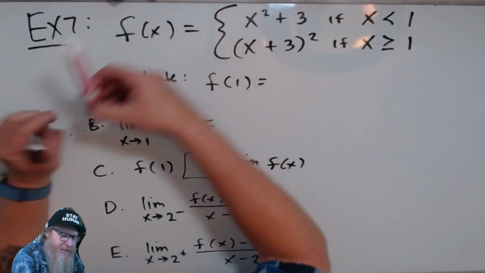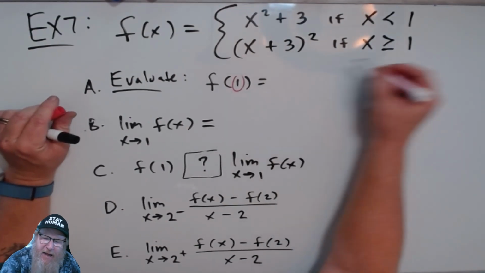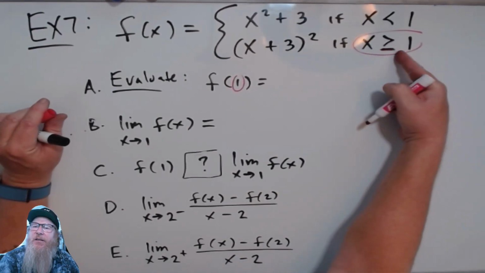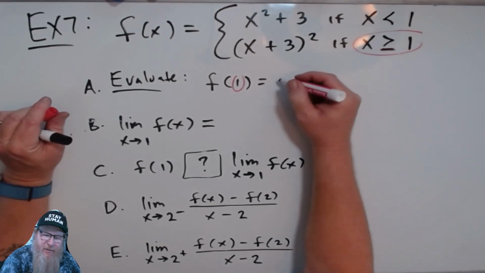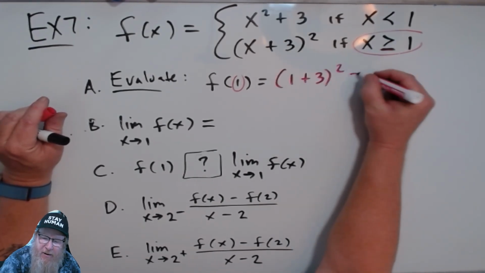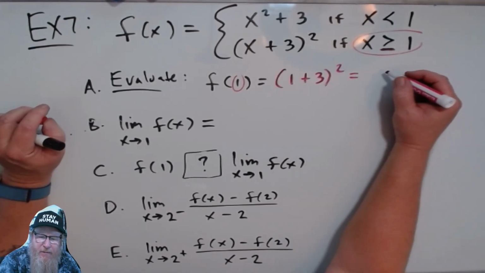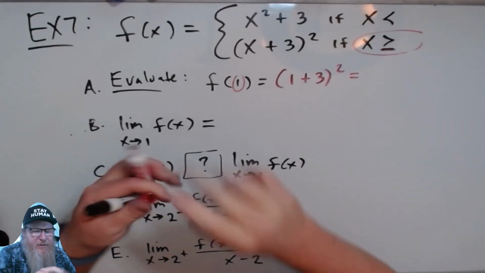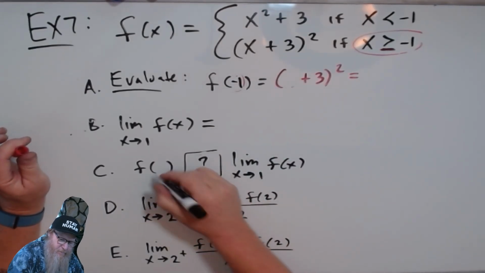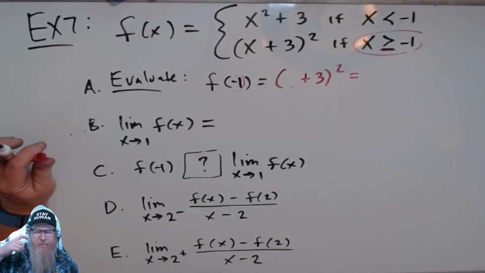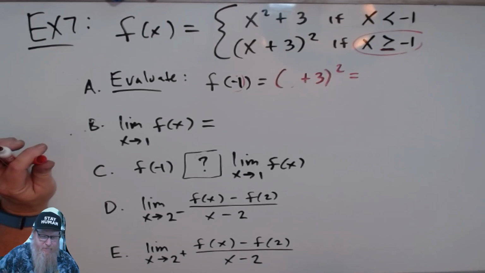So evaluating. When you evaluate, you're just plugging in the value. And so you have to use the piece that has the equal to. So it's this piece. So that's going to be 1 plus 3 squared, which is... Did I write this down wrong? It's -1. God, I am just screwing up today. It's -1.